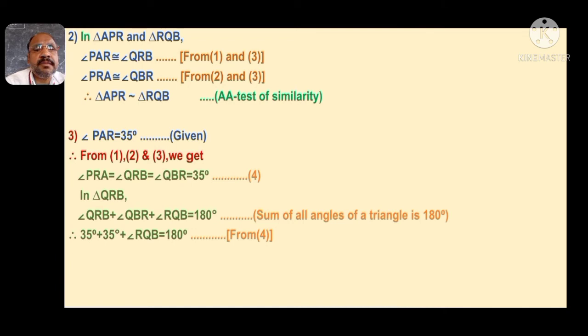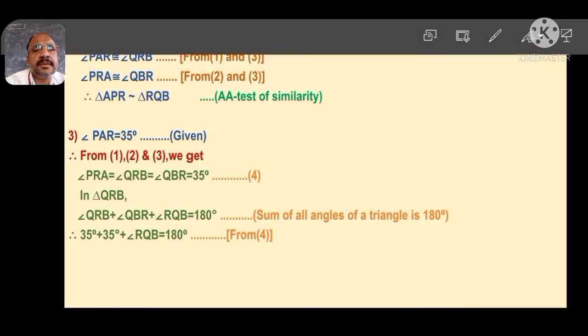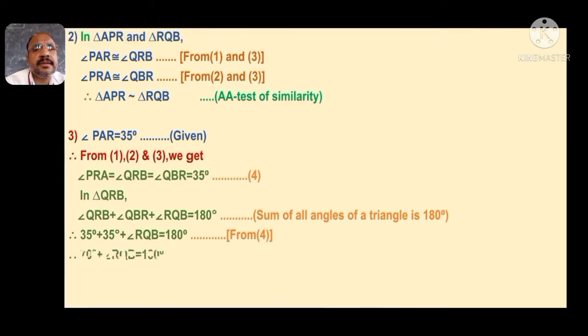Therefore, 35 degree plus 35 degree plus angle RQB is equal to 180 degree. Therefore, 70 degree plus angle RQB is equal to 180 degree. Therefore, angle RQB is equal to 180 degree minus 70 degree. Therefore, angle RQB is equal to 110 degree.